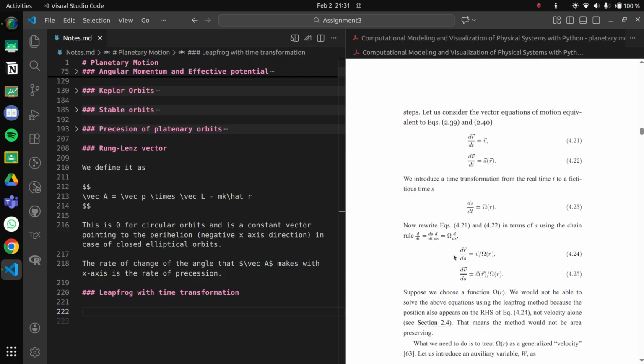So with a large change in t, you might have a really small change in s, for example, something like that. I don't really know what's going on. Yeah, okay, so ds by dt is omega of r. That's what we want.